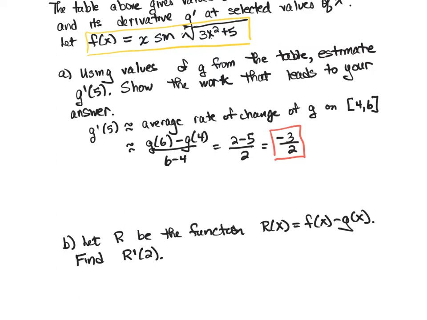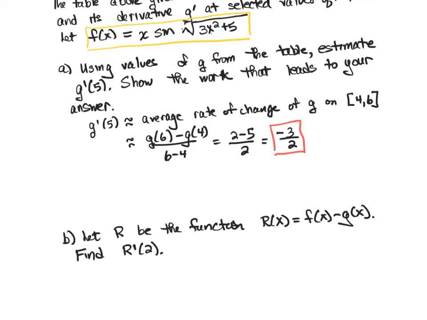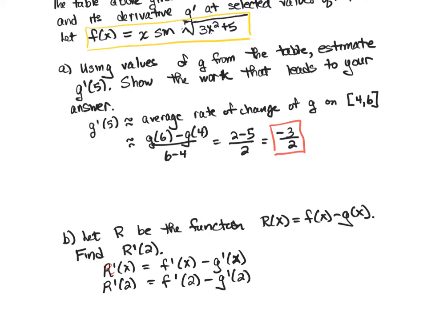Now, all we have to do is write down that the derivative of r, because it's the difference of two functions, is the derivative of f at x minus the derivative of g at x. And now we replace all the x's with 2. This is all we need to show the reader. The rest is done on the calculator.